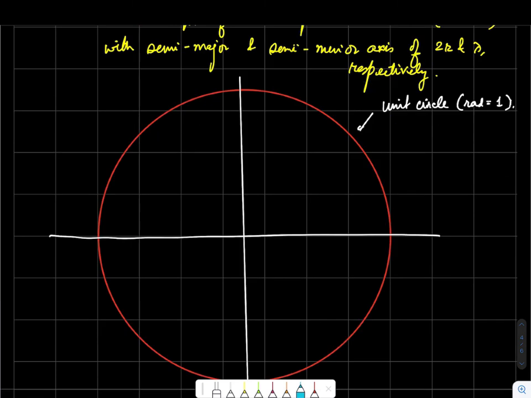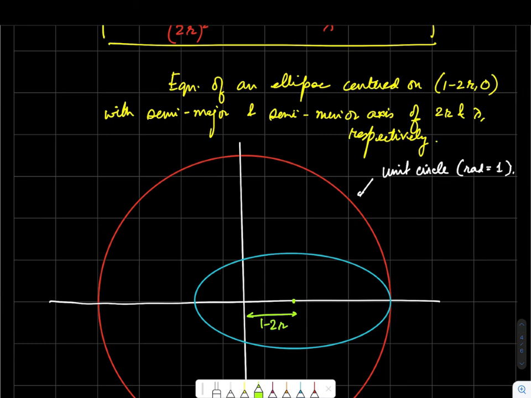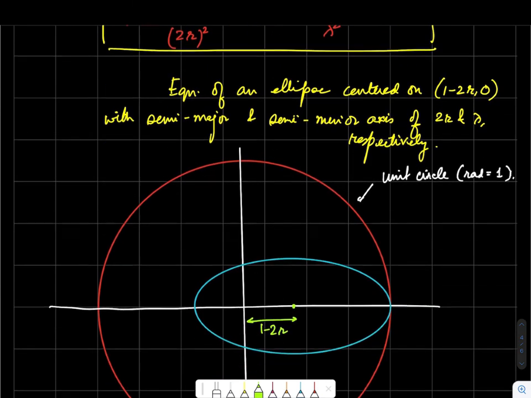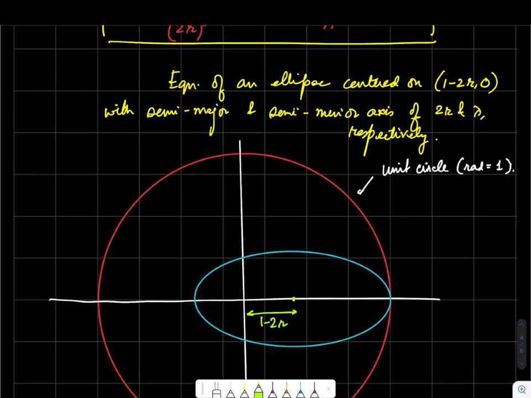So since it's an ellipse, we can have two possibilities. The first possibility is the following. According to the first possibility, the ellipse will be centered at some point which is at a distance of 1 minus 2r from the origin. So this is the origin, right?